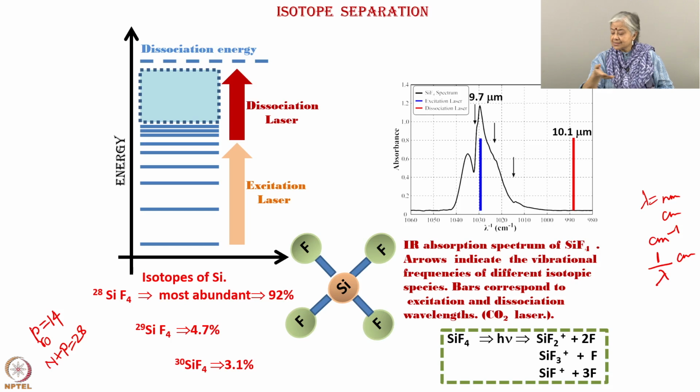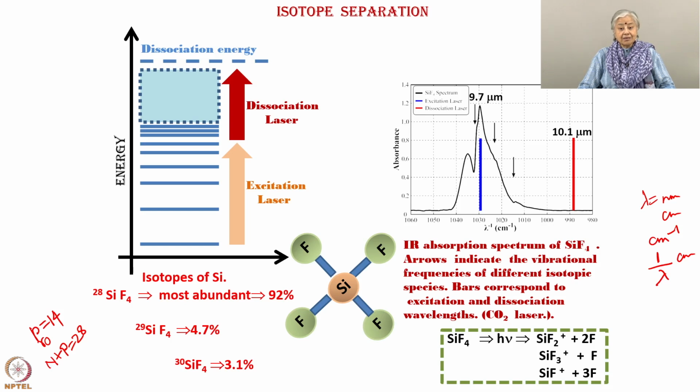You already made the separation of the isotopes at this level, at the excitation and dissociation level. This is just one way of collecting the dissociated particles. So, by this method of multiphoton dissociation, you are able to separate out isotopes of silicon. That is why it is called isotope separation.